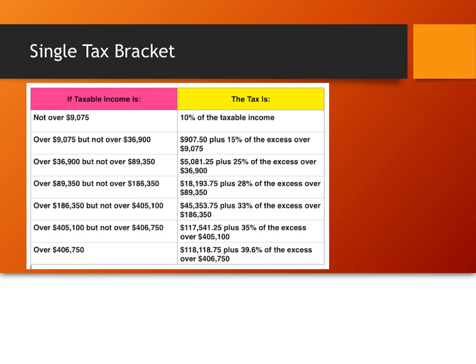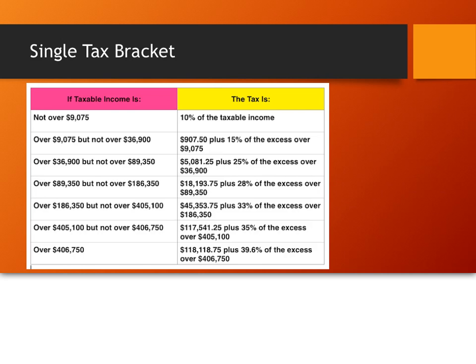Now, if you do make over $9,000, and let's just say $20,000, what's going to happen is you're going to have to pay $907.50 plus 15% of the excess over $9,000.